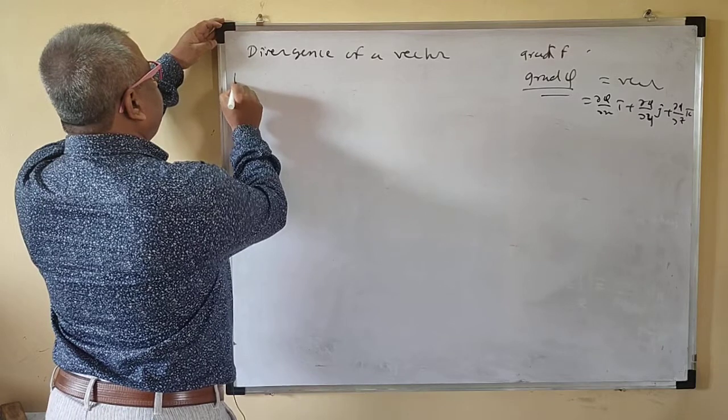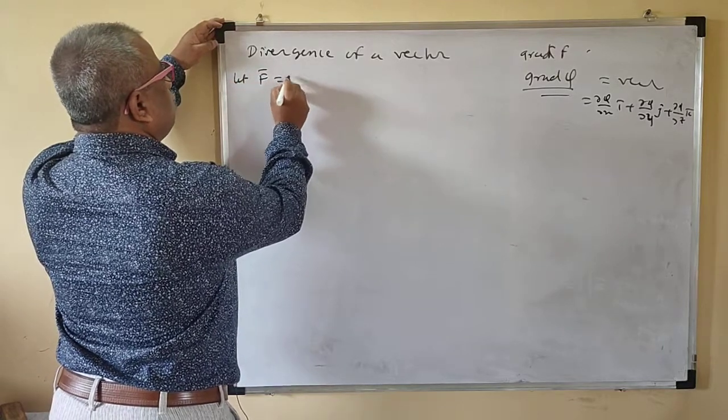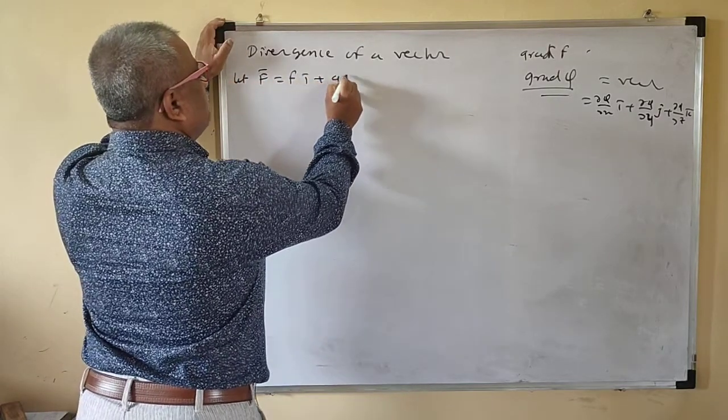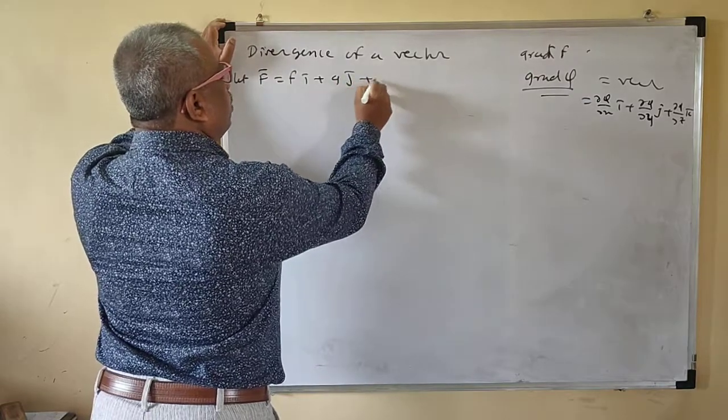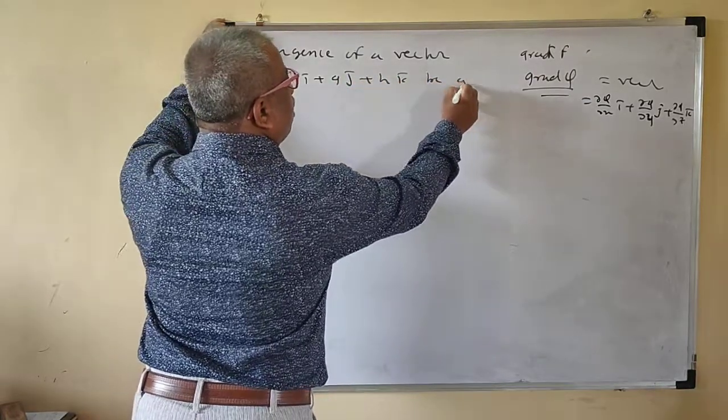Okay, so let f bar is equal to f i bar plus g j bar plus h k bar be a vector field.